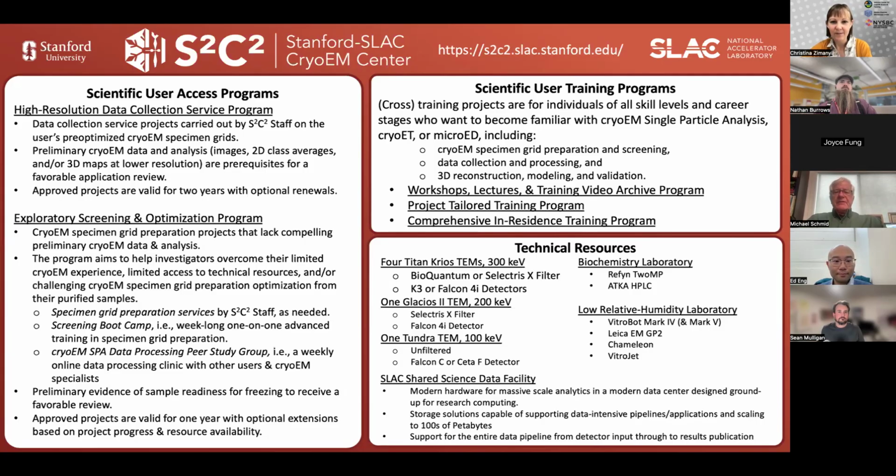An additional perk we have for trainers and trainees and screeners is that Nathan runs a peer group discussion where people can come with their image processing problems for us, and that's held every week. And except for our Krios microscopes and our other microscopes, it's relatively warm here. So come see us.